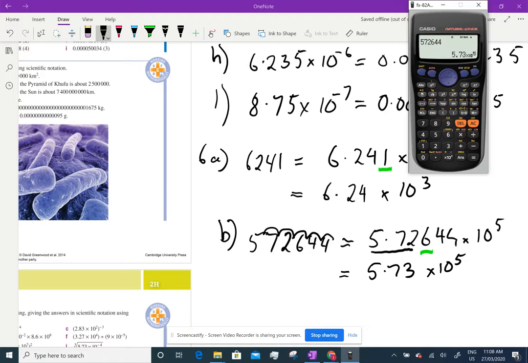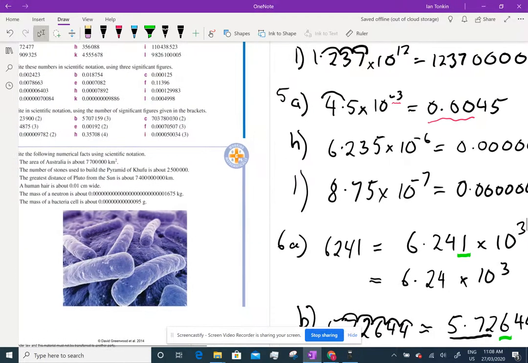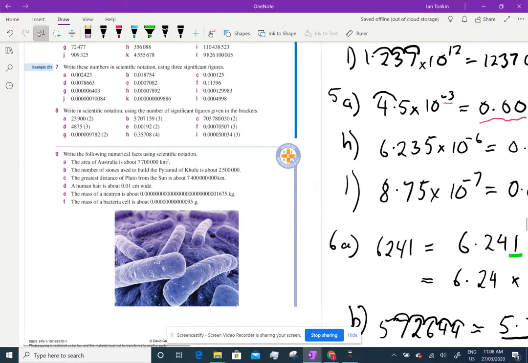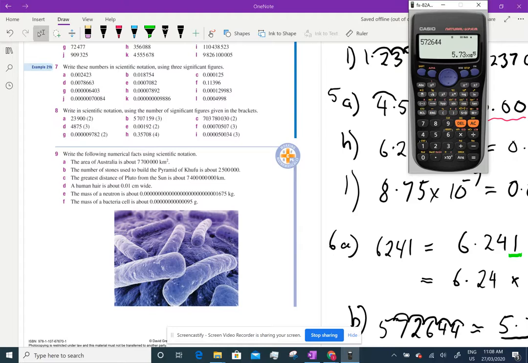Hopefully that's been enough. You'll be able to have a go at the rest of them. So even these ones here. If I look at these ones here, write in scientific notation the figures in brackets. Our calculator's already set. So watch this. Let's do 8i. How many zeros are there? 1, 2, 3, 4. 1, 2, 3, 4. 5, 0, 0, 3, 4.